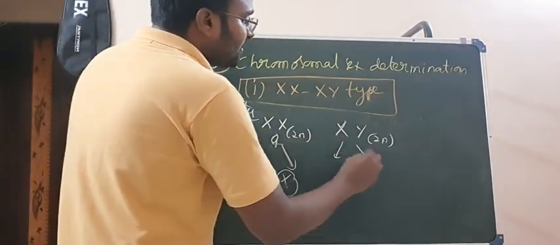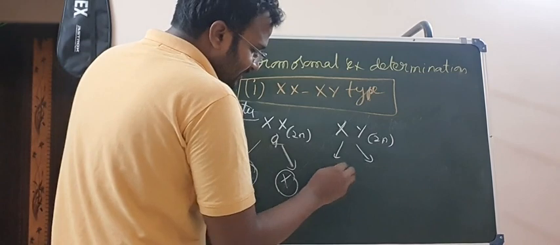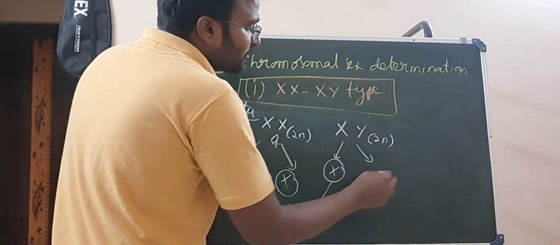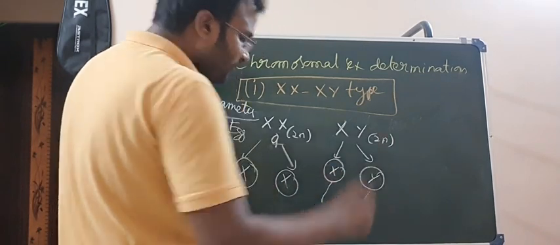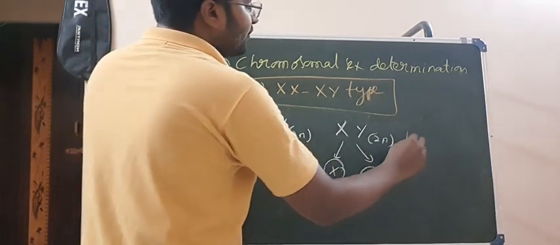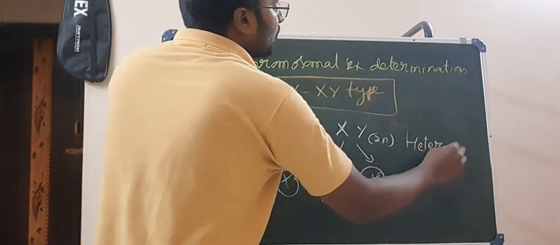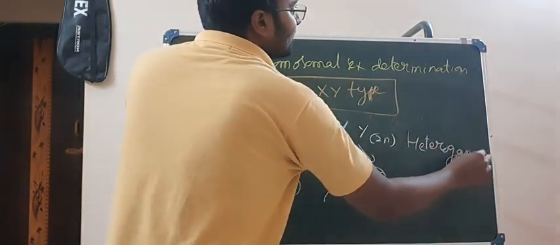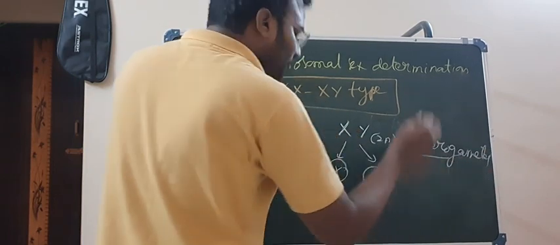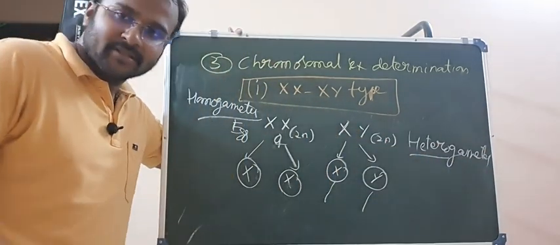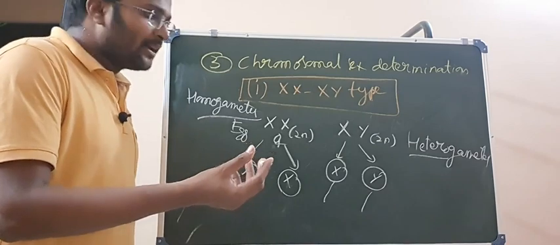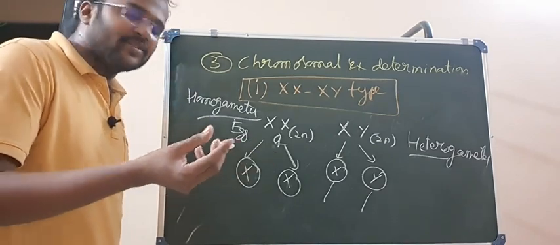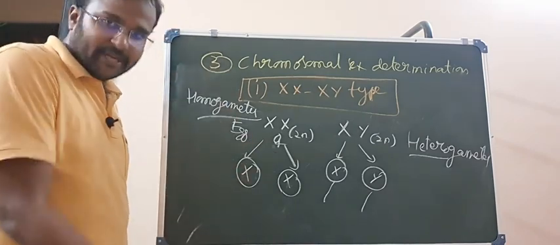And coming to the males, two types of sperms are formed, X and Y. These we call heterogametes. Hetero means different. Gametes are the sex cells which combine together to form the zygote actually.